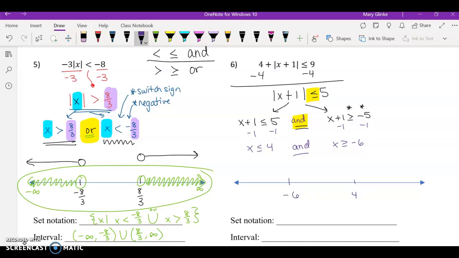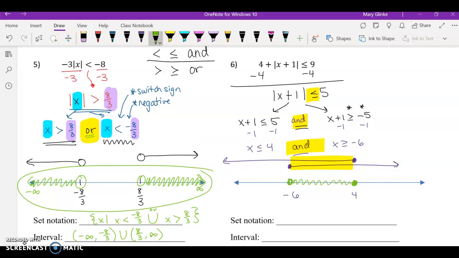So x is less than or equal to 4 would be a filled-in circle at 4 and everything to the left. X is greater than or equal to negative 6 would be a filled-in circle at negative 6 and everything to the right. Because this is an and problem, you're looking for the overlap. So the part in the middle here you can see is shaded for both of those. And that's why this middle section here ends up being our solution.